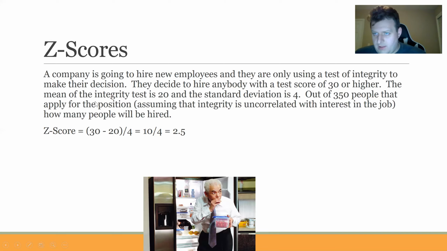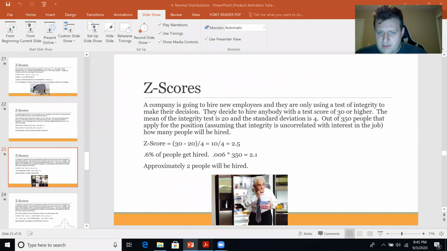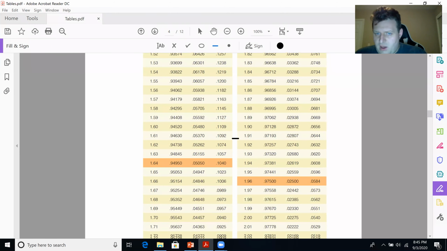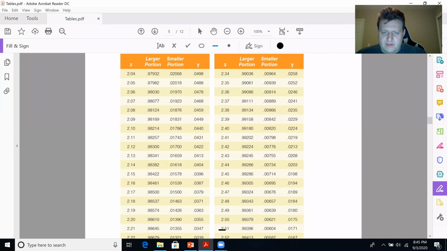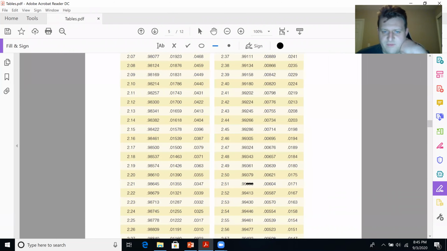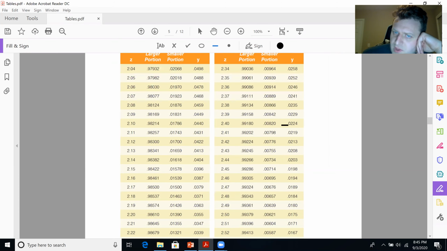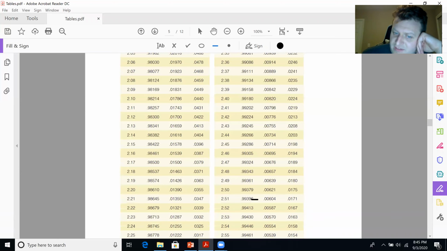Luckily I've got a table. Let's go back to it and find 2.5 here. What's the percentage of people that score above a 2.5? It's the smaller portion because we're using a positive z-score here.